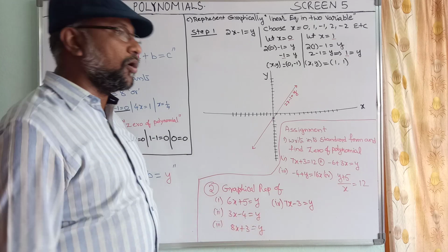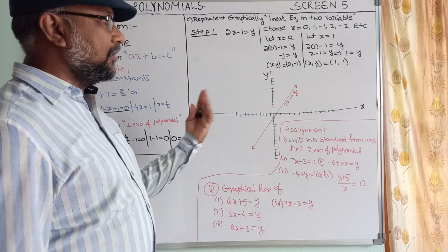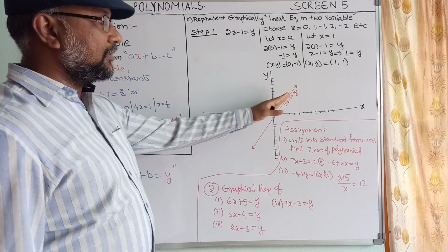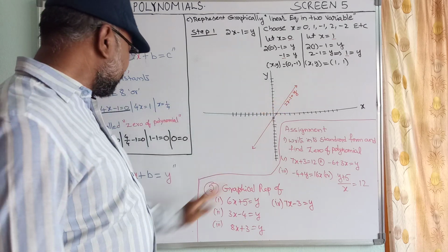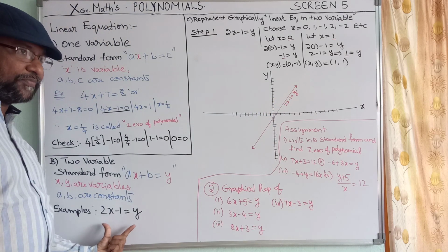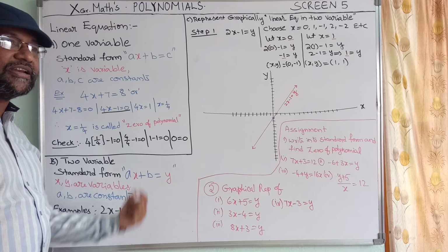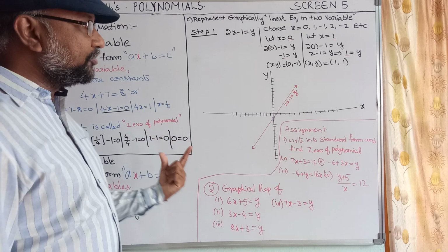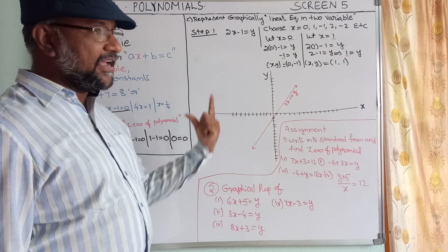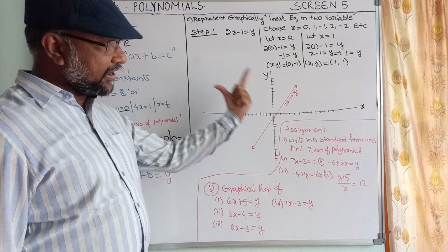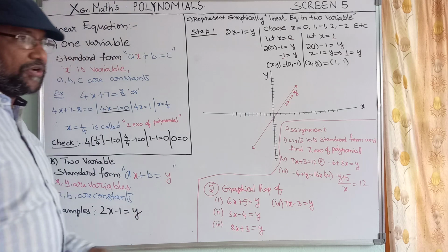Now how to represent this line graphically? Now 2x minus 1 is equal to y. It is a linear equation. Linear means the line. Therefore, we can create a line in the graph by using this equation.